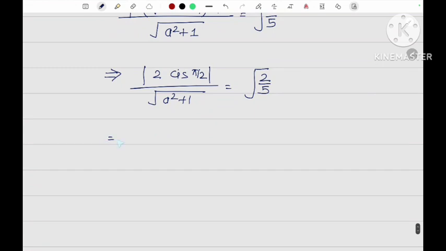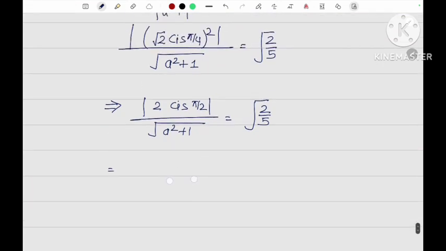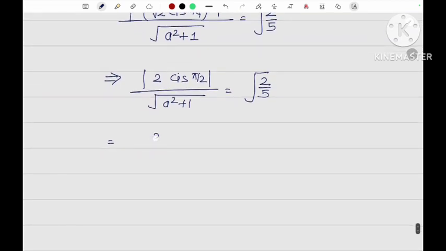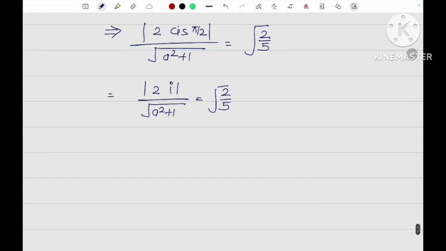And now what is cis pi by 2? Cis pi by 2 is nothing but i, right? So 2i mod divided by root a square plus 1 is equal to root 2 by 5. And what is the mod of 2i? That is where we will apply mod of z1 z2 is equal to mod of z1 into mod of z2.